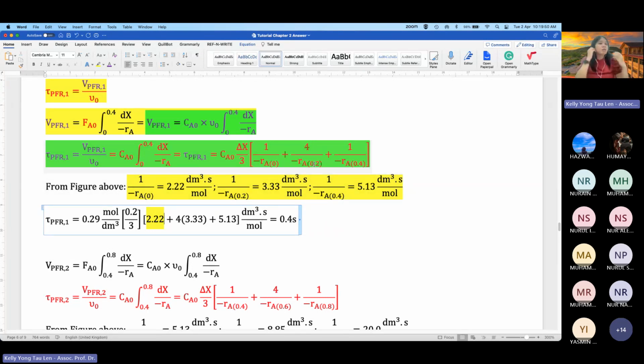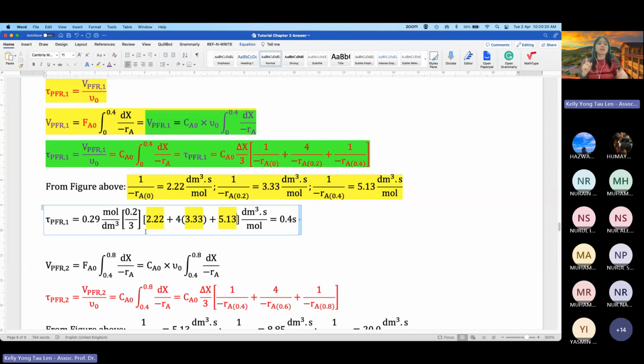When my X is 0.2, 1 per minus RA is 3.33. Don't forget you must multiply by 4, because the Simpson 1/3 rule has 4. Then the last point, when my X is 0.4, 1 per minus RA is 5.13. Okay, when you solve this, next we find delta X.